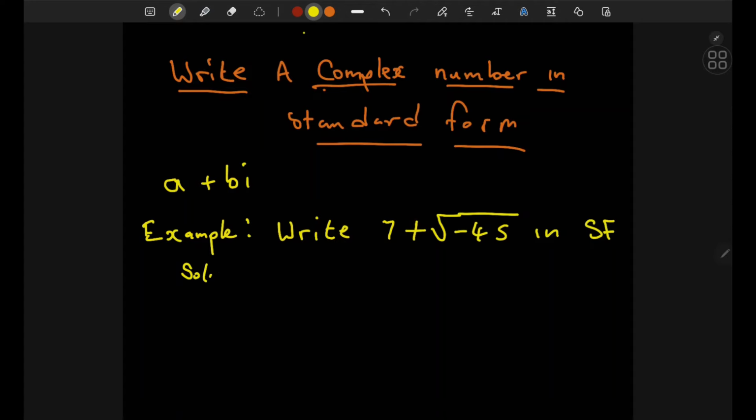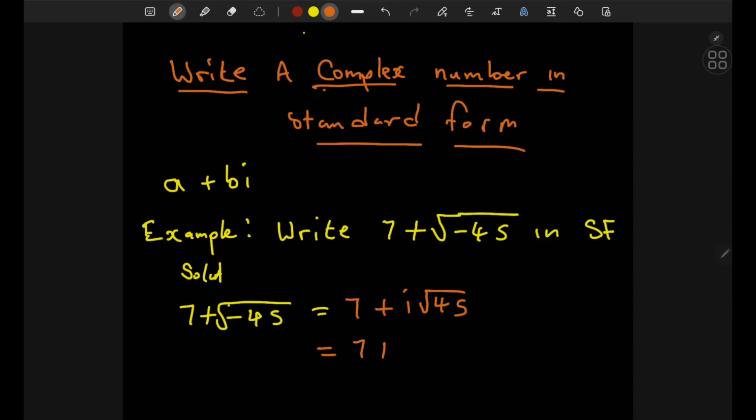So our solution here will be that we write our expression, so we need to break it down. So we need to get rid of the negative under the square root there. So that means we're having 7 plus, so the square root of negative 1 is i, so we'll have i, then we'll have square root of 45. Then the square root of 45 can be broken into two numbers that we are multiplying to get 45.